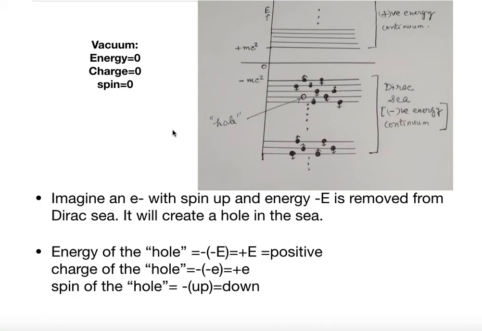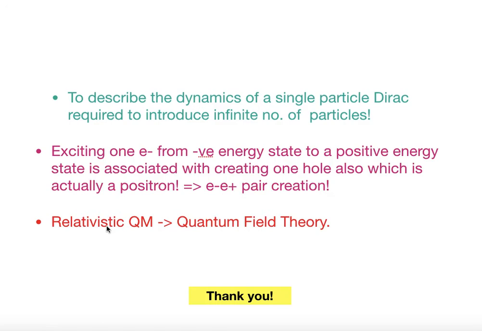So I cannot create just one electron, I always have to create a positron here. So this hole is actually a positron. From vacuum, I cannot create just a single electron. I have to create an electron-positron pair. So this basically corresponds to electron-positron pair creation.